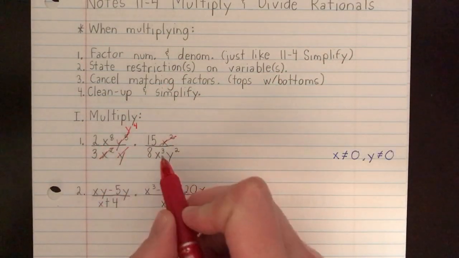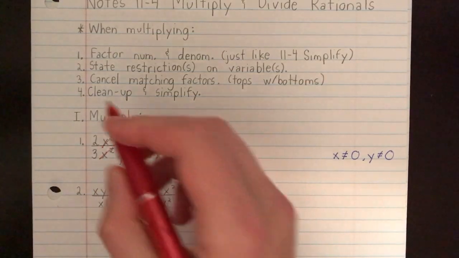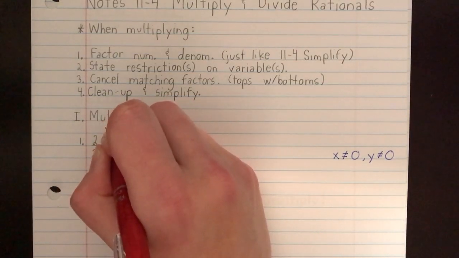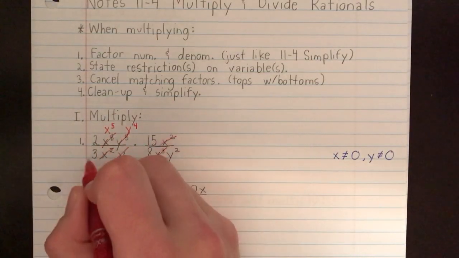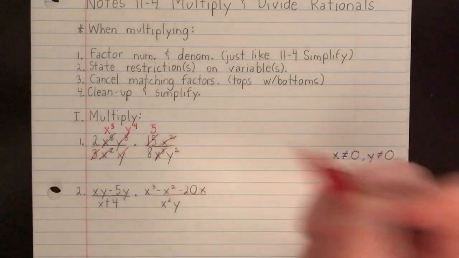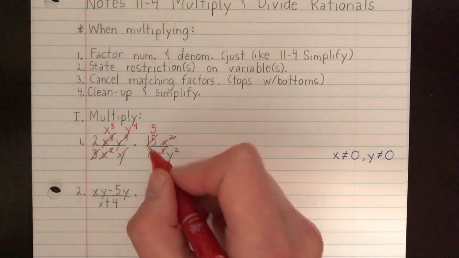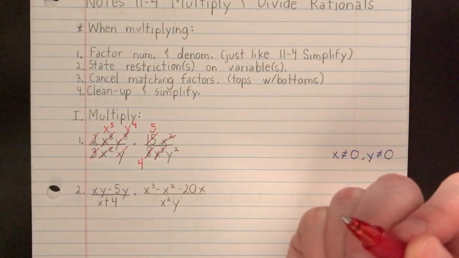I have an x to the 8th here that can simplify with this x to the 3rd. That would produce x to the 5th on top. I have a 15 over 3 that can simplify to 5 on top. I have a 2 over 8 that can simplify to 4 on the bottom.